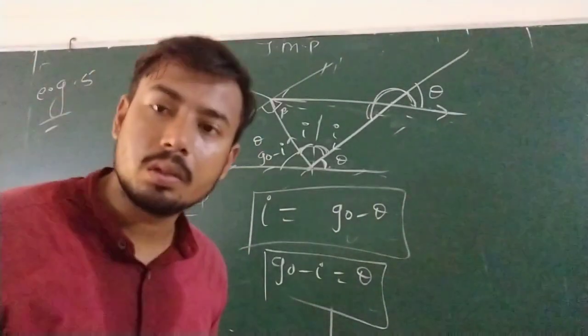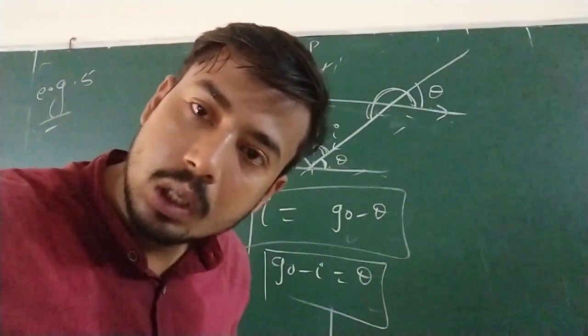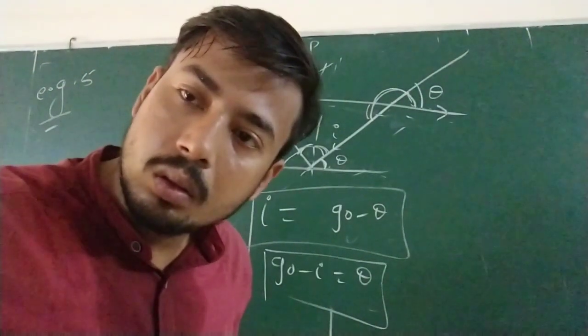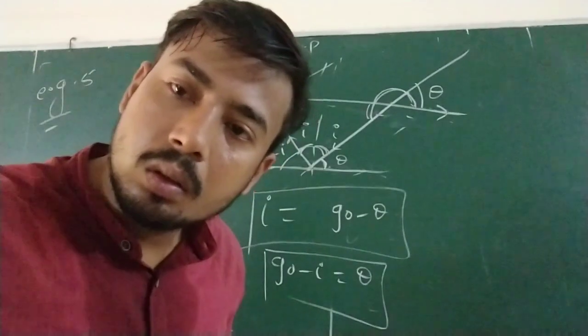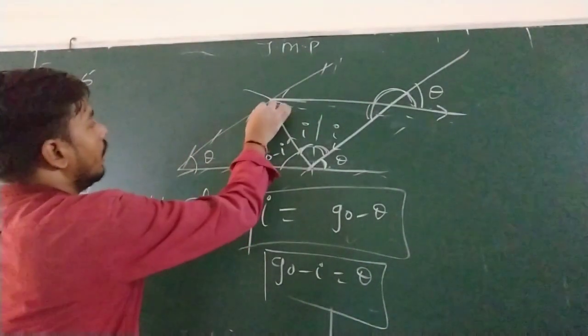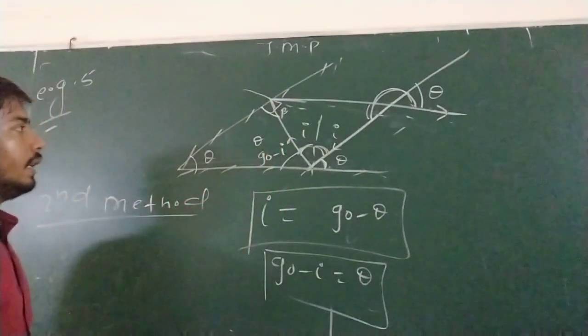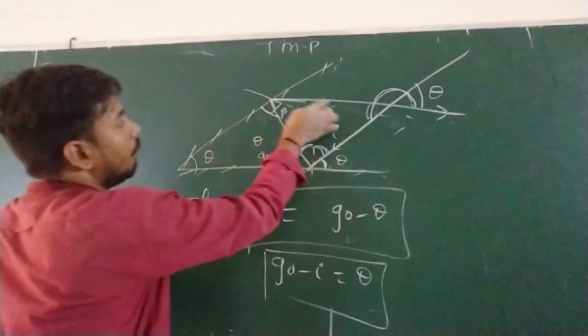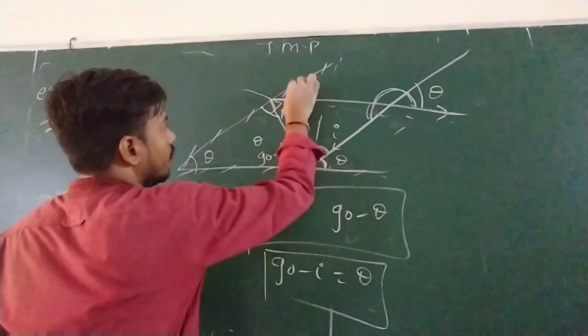Okay, just see. So this becomes theta, and after the two successive reflections, this becomes parallel to the first mirror.